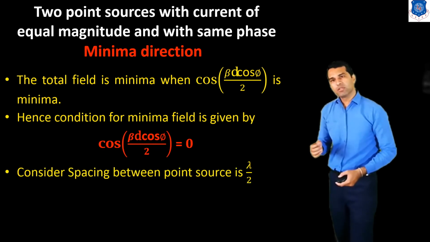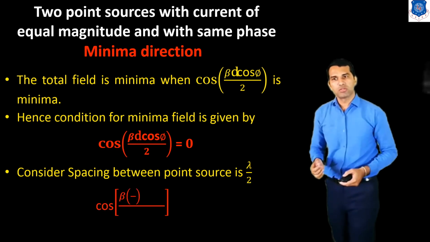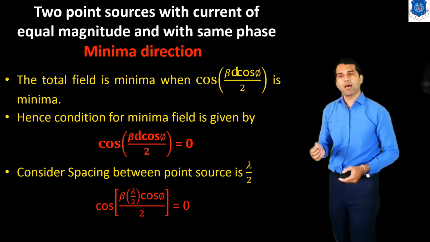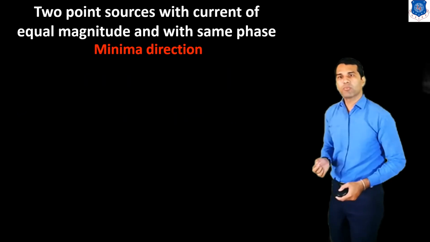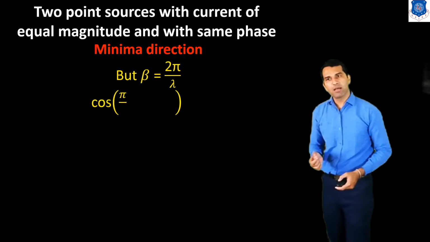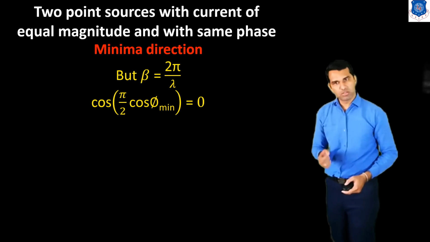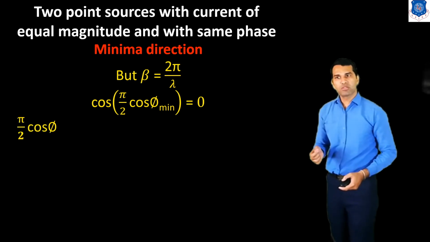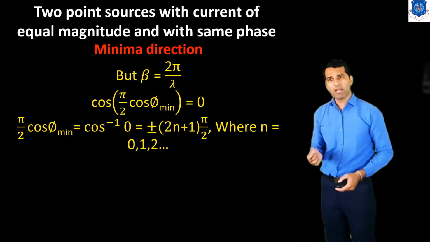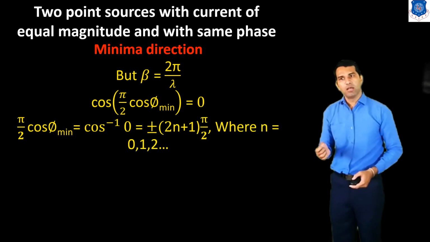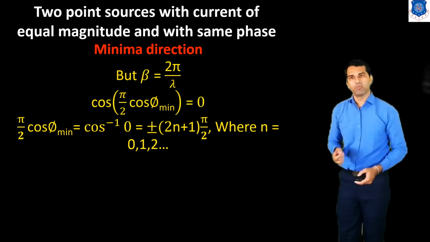We consider the same spacing of lambda by 2 between the two elements, and put beta equals 2 pi by lambda. Finally we get cos(pi by 2 cos phi minimum) equals 0. So pi by 2 cos phi minimum equals cos inverse 0, which is nothing but (2n plus 1) pi by 2.